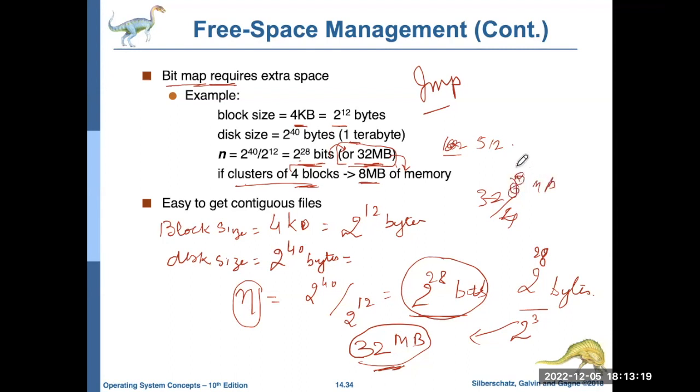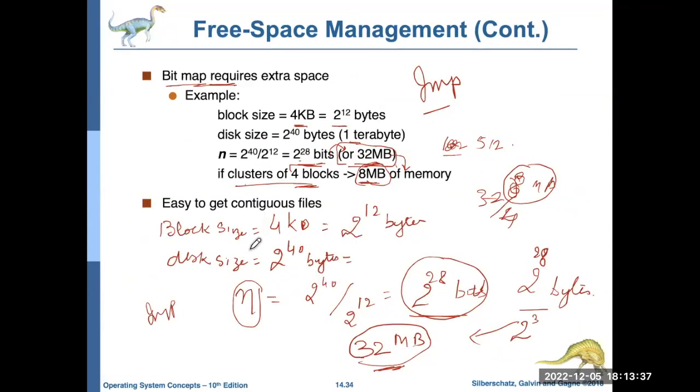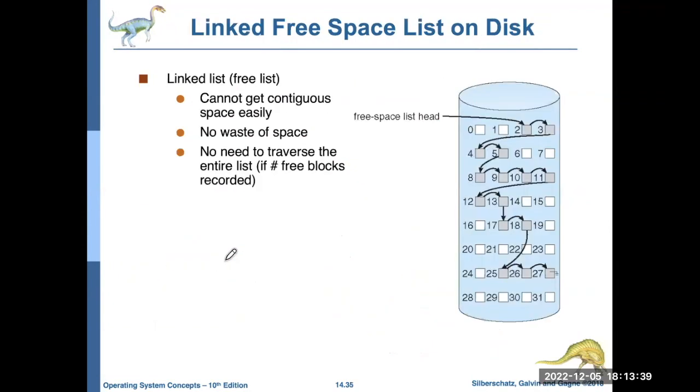So this will be the size. Now, this is an important question again. Two important questions are there: one is finding out which block is free, and the other is what is the size of the bit vector.